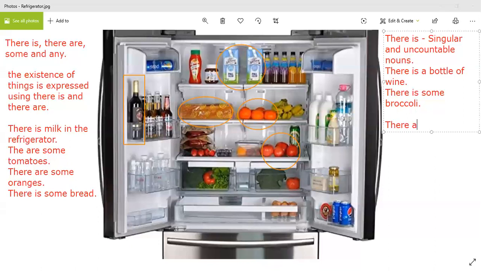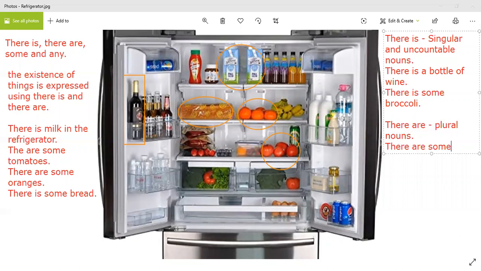Now, there are is used for plural nouns. So when we say there are, we're talking about obviously countable nouns, things that we can count. Like there are some, well, let's say the number. 1, 2, 3, 4, 5, 6.